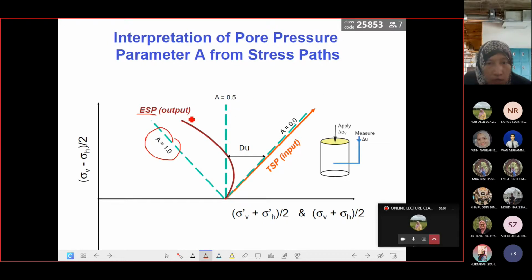In the middle, between TSP and ESP, is parameter A equal to 0.5. In this case, you will see it actually represents the same coordinates for representing the stress path, whether Q, P or T and S. Okay.